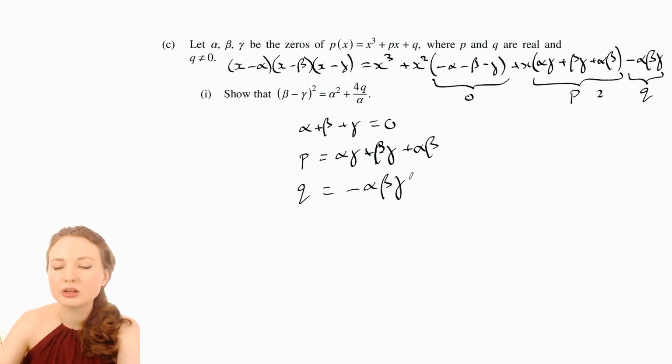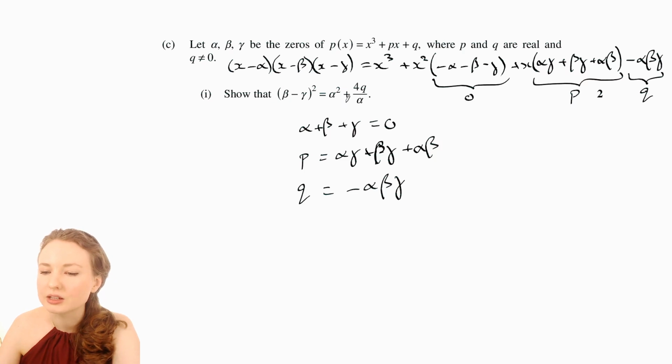At first I was a bit confused about how to get this, and then I just decided to try to get everything on this side in terms of beta and gamma, and then hope that it turns into that.